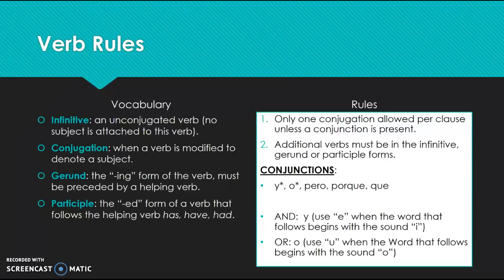So the letter Y, which means and, becomes E. The same thing happens with or, O. You don't want to say o, so to avoid that redundancy, we change the O to a U, and then our next word can start with an O.